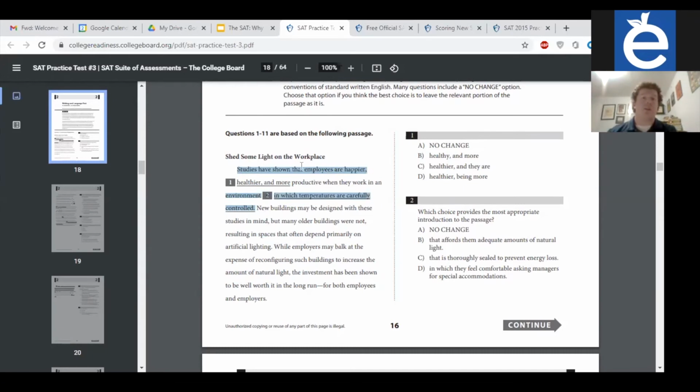Reading through this: studies have shown that employees are happier, healthier, and more productive when they work in an environment in which temperatures are carefully controlled. Okay, so looking at our setup here, you can see happier, comma, healthier, comma, and more productive when they work in an environment where temperatures are carefully controlled.